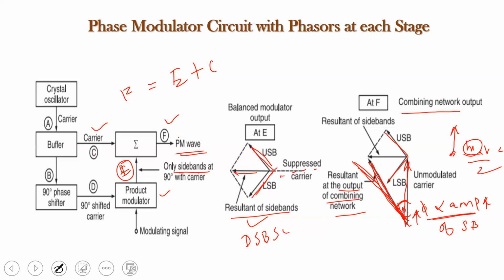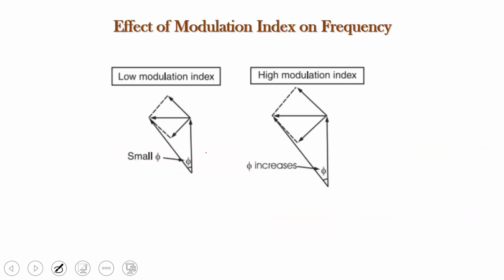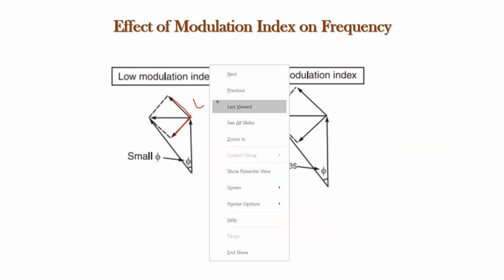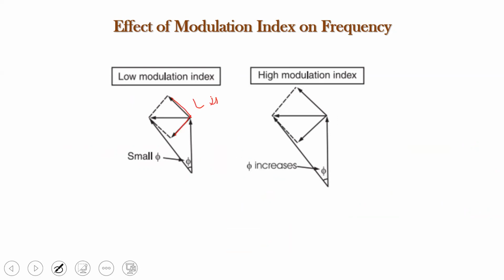This can be clearly explained with this diagram. Look here. Here, the amplitude of the sidebands is less. Whenever the amplitude is less, if we combine the sideband with the unmodulated carrier and draw the resultant, we can see that the resultant phase angle is small.